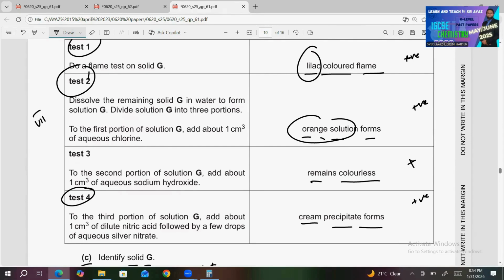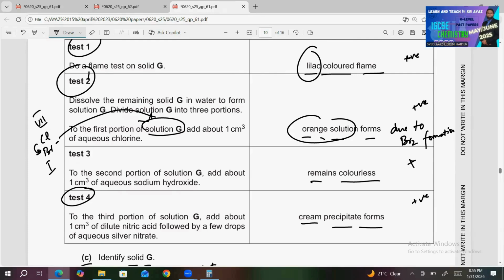Group 7, chlorine, bromine, iodine. So in this case, chlorine is displacing this bromine from salt solution G here. That's why this orange solution is formed due to Br2 formation. So this indicates that it must be having Br minus.